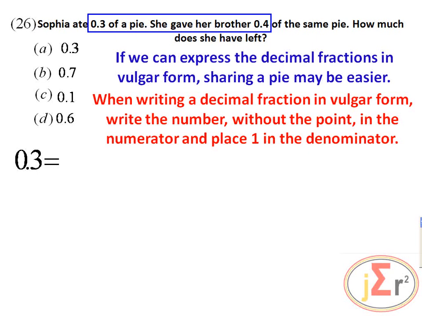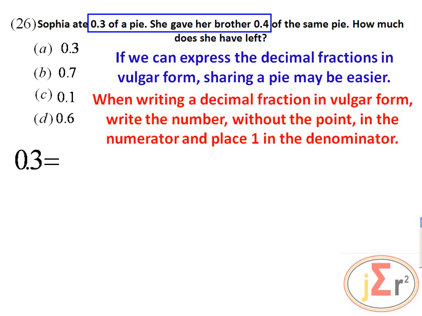When writing a decimal fraction in vulgar form, write the number without the point. So if we have 0.3, we will write that number without the point. So what will we write? 03. But is the 0, which is a leading 0, going to have any effect on the value of the number?